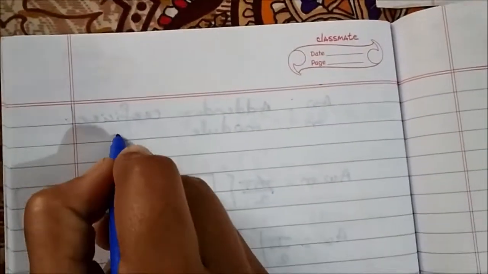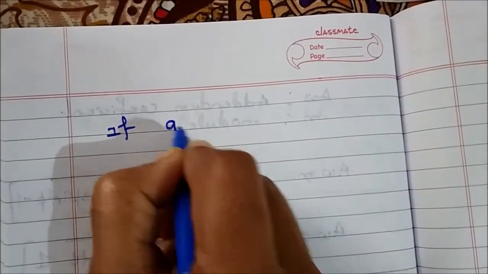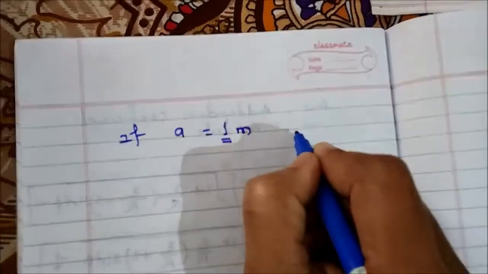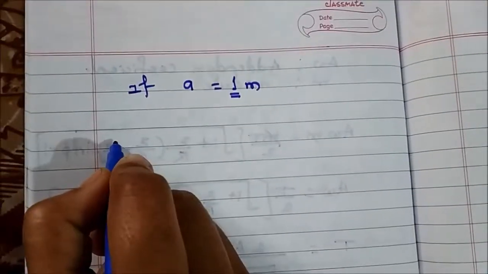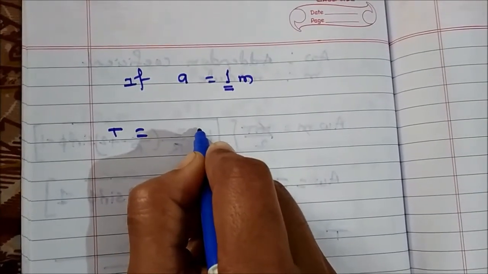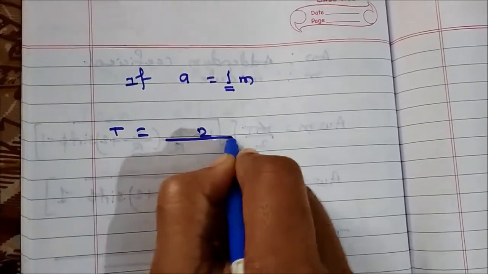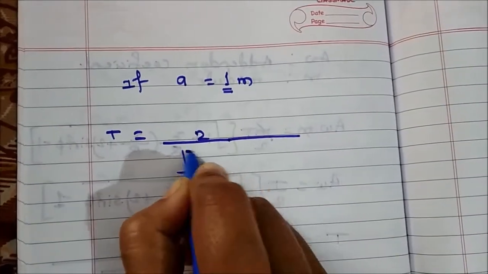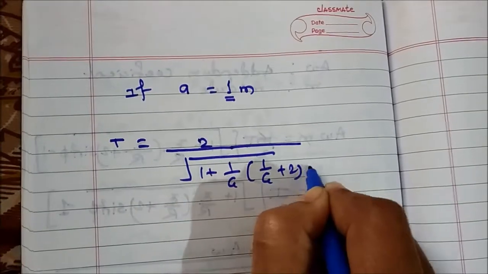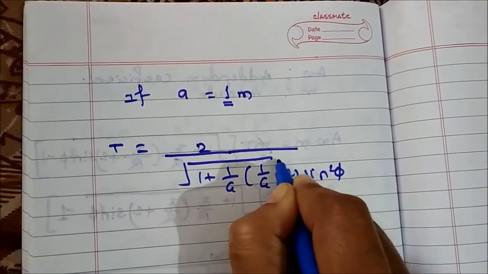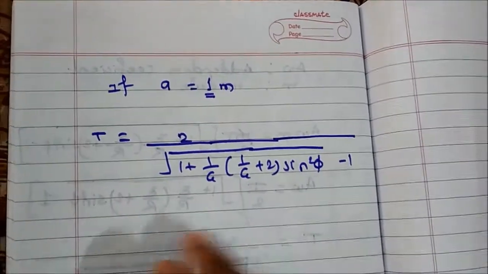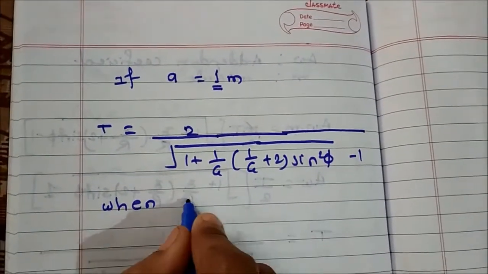Now we know if addendum is equal to 1 module, so this 1 becomes AW, so the number of teeth is equal to, now instead of AW we'll put just 1, so it becomes 2 upon under root of 1 plus 1 upon G plus 2 sine square phi, all inside the root, minus 1 outside the root. When two gears are similar, gear ratio is equal to 1.